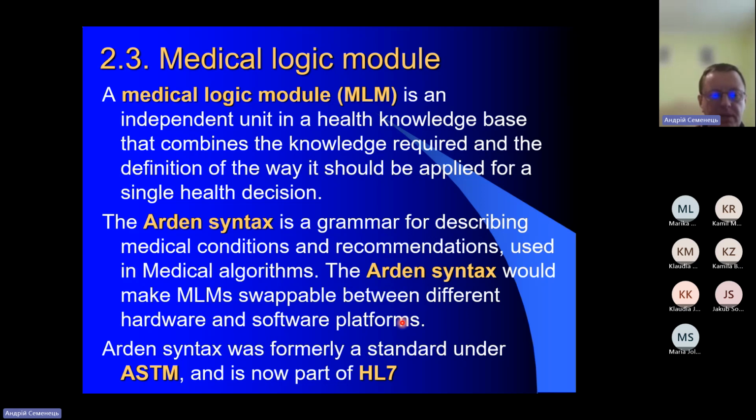And it has to be developed using Arden syntax, which is a special grammar for describing medical conditions and recommendations in medical algorithms. The major benefit of using Arden syntax is its ability to exchange medical logic models between different hardware and software solutions.